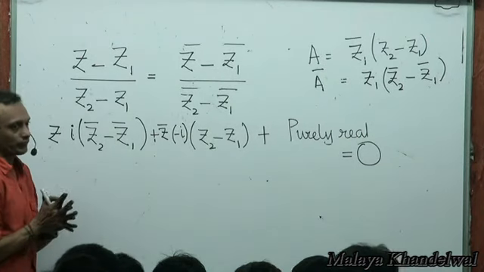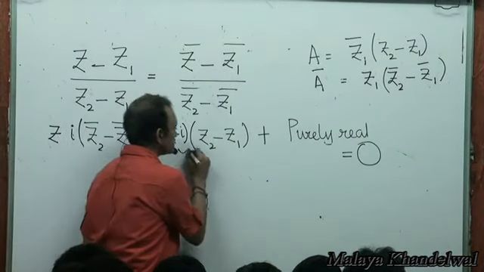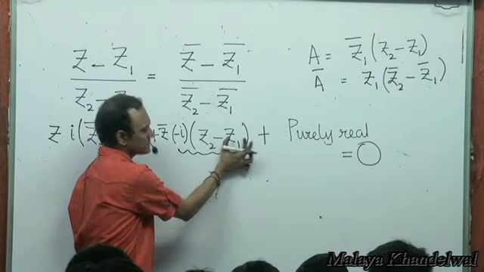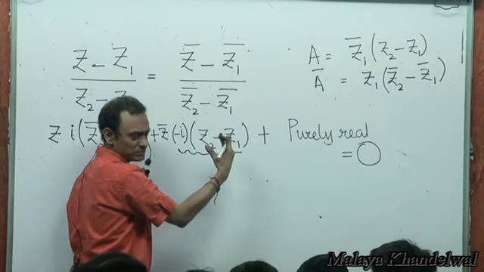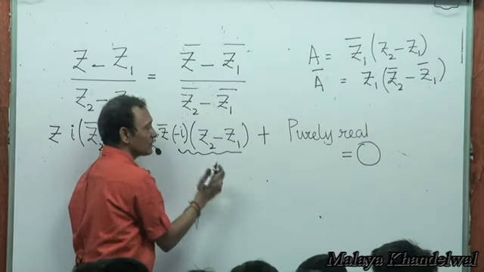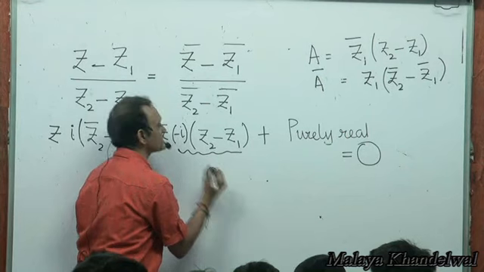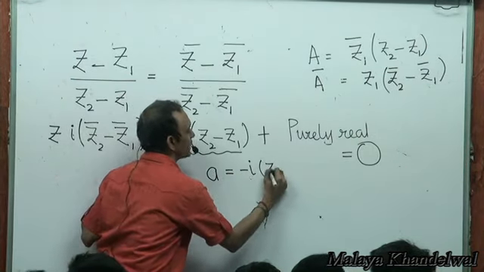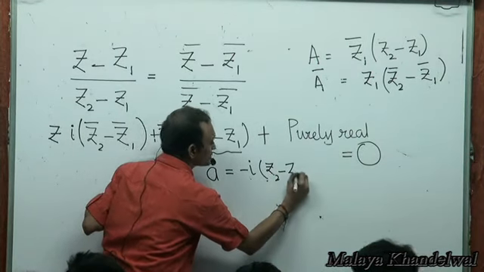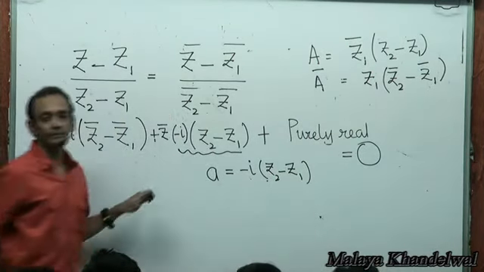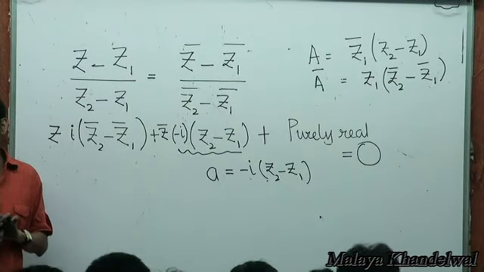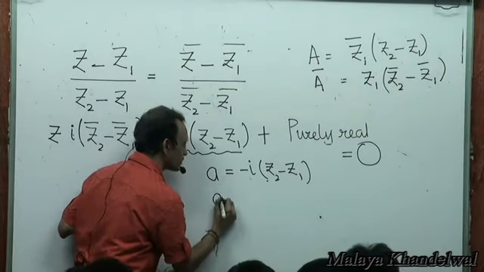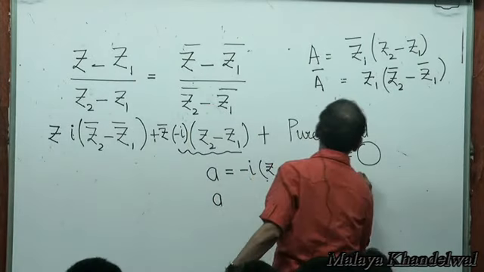Now suppose this is a complex number, because z2 minus z1 is complex, into minus i will be a complex number, right? Suppose I choose to call this A. A is minus i into (z2 minus z1), where A is complex. Now if I took the bar of this, A is a complex constant.